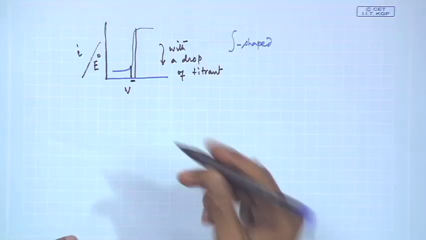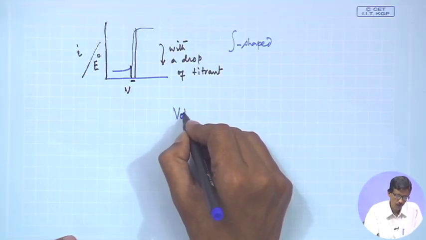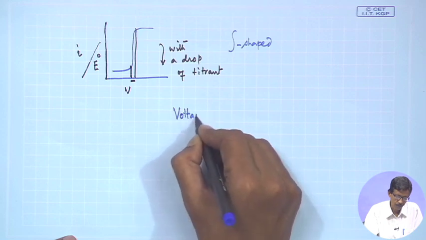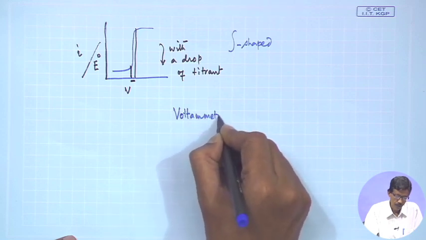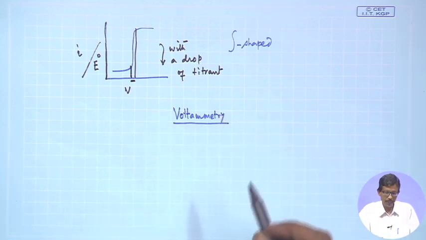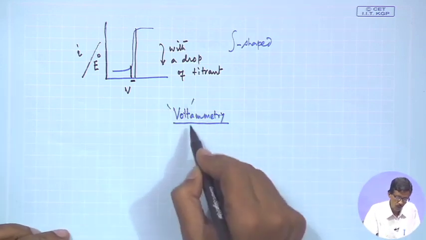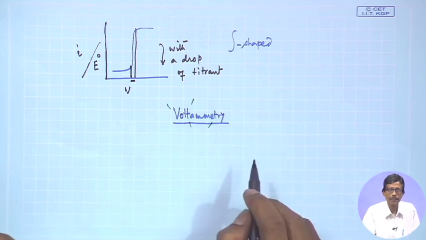So, voltammetry, not like potentiometry, but voltammetric methods of analysis. You should immediately know that we are talking about something where these two terms are there, one is volt and another is ampere.